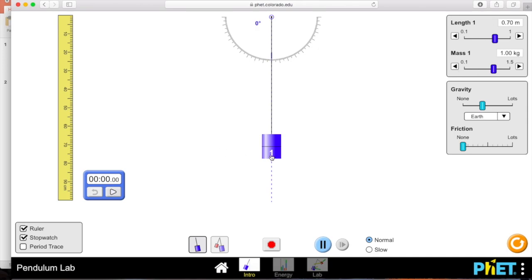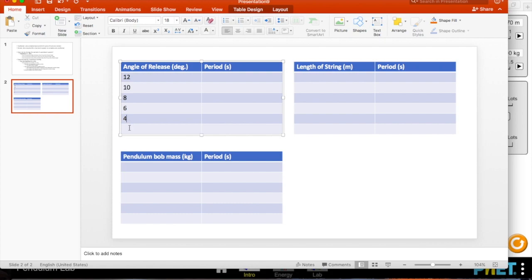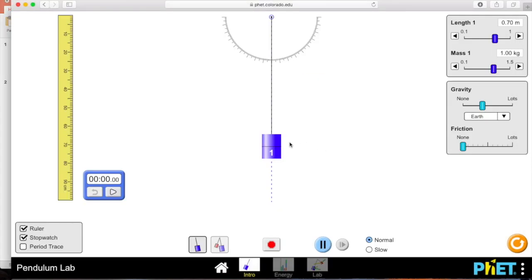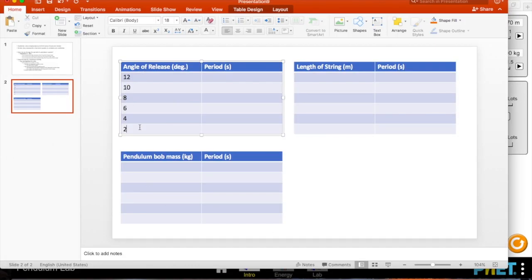Instead, I'm just simply going to change the angle at which I release the pendulum each time. And from my experience, I know that this experiment works best if we hold to small changes, to small angles. Let's say less than 12, why not? 4 and 2, I wonder if I can even get 2 on here. I can. Okay, so those are angles of release.